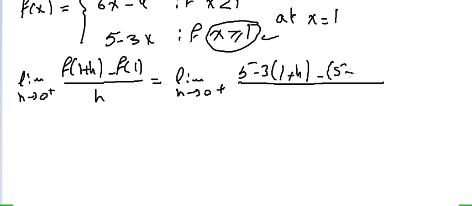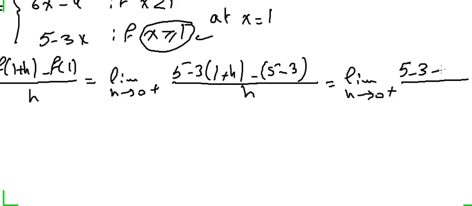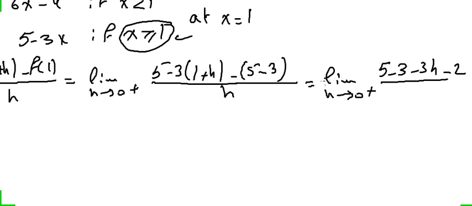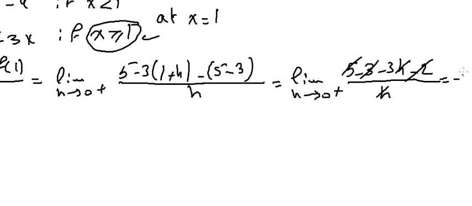It's 5 minus 3 times 1, which is 2, over h, equal to the limit as h approaches 0 plus of 5 minus 3h minus 2, no, 5 minus 3 is 2 over h, and 5 minus 3 is 2, minus 2 is 0. We can simplify them because we have just one factor up over one factor down, right? So the answer is going to be minus 3.